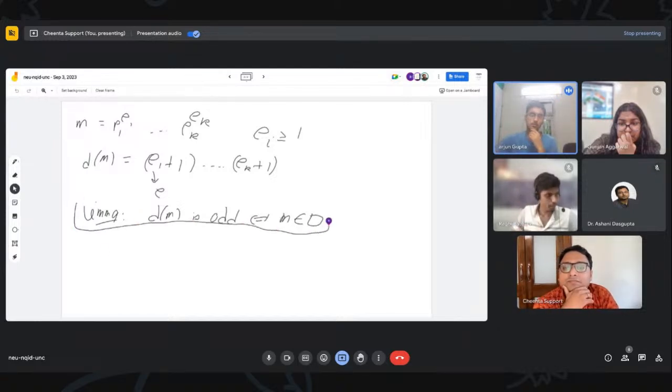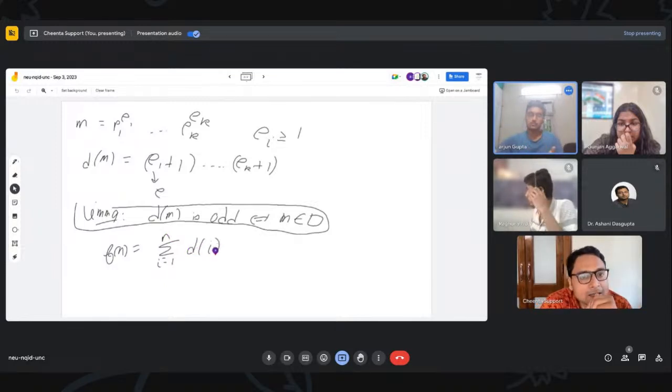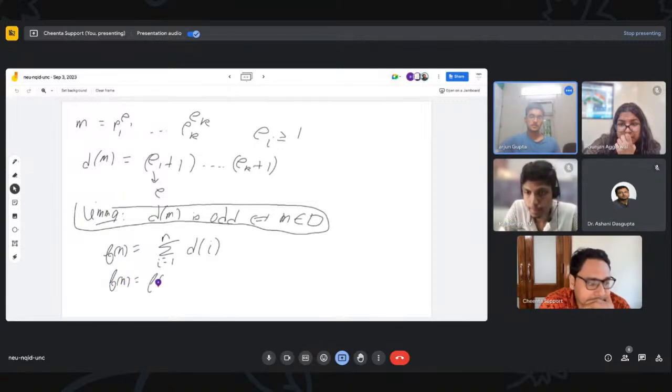So, let us define this quantity Fn as summation, this thing. The question is asking us to determine when Fn is odd and when Fn is even. So, first, let's start with an observation. From the definition itself, this thing should be clear.